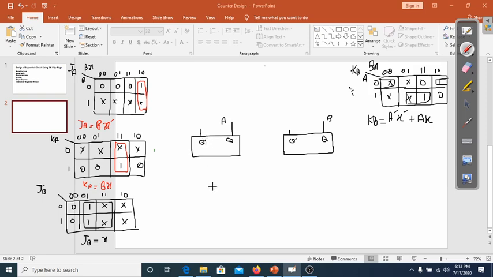It has two inputs, this is KA and JA. Also this flip-flop has two inputs, KB and JB.